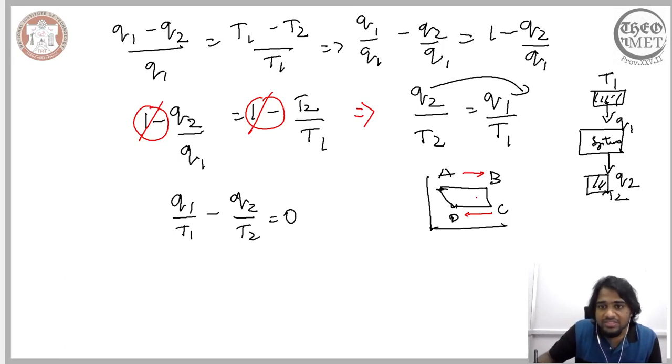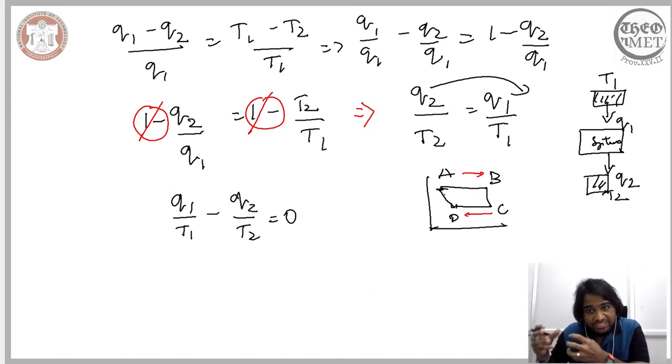So when you consider the change in the state of the system from B to C and D to A, you have a change in temperature and also a corresponding change in the internal energy.